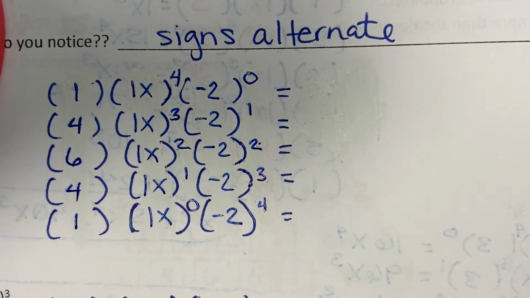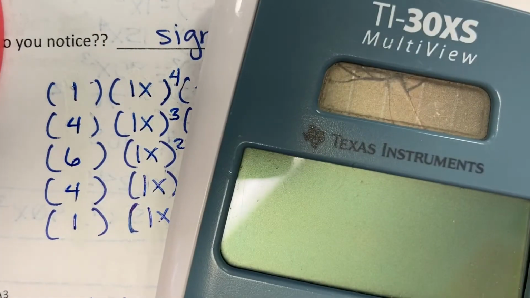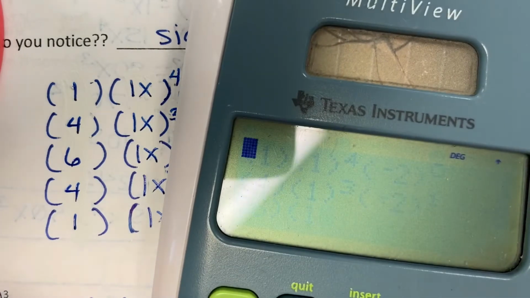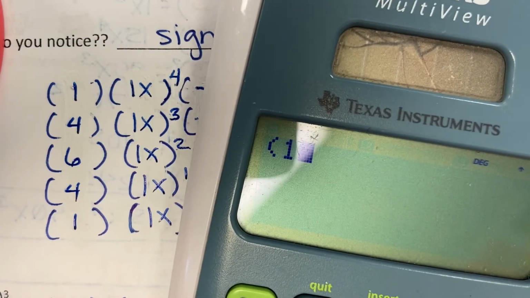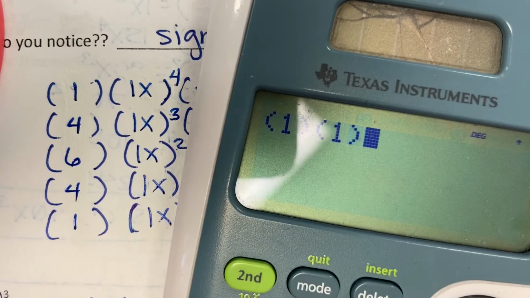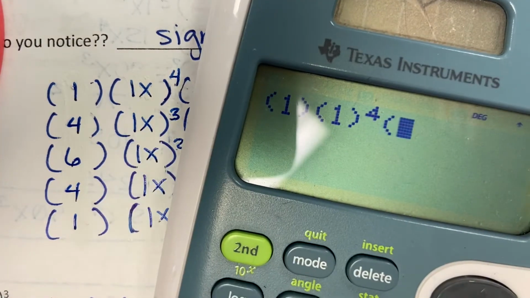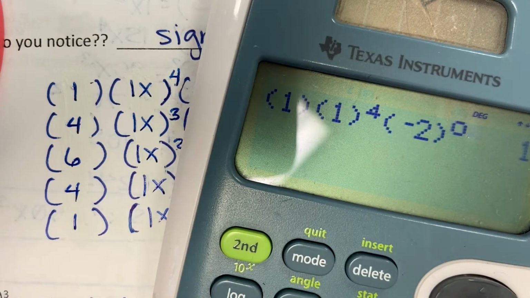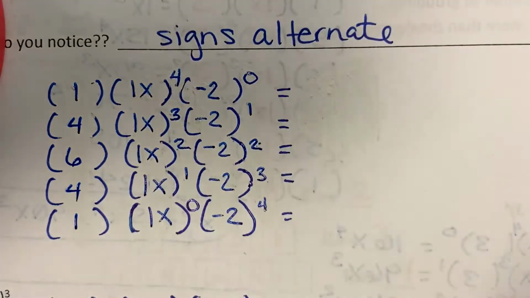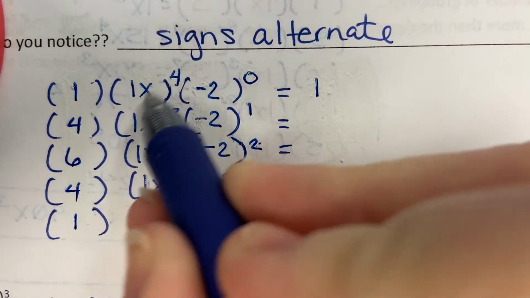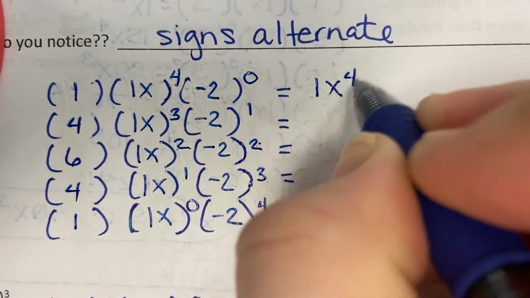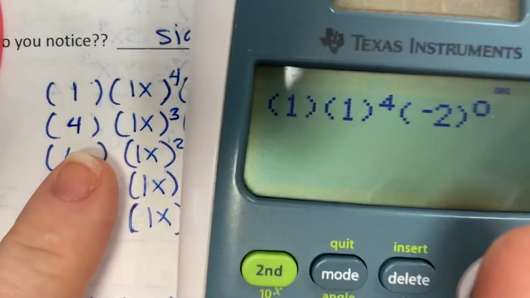All right, so we're going to use our calculator, and I'm going to have 1 in parentheses, 1 to the 4th power, and then negative 2 to the 0. And I got 1. So that's 1 and then x to the 4. Then I'm going to do it with a second set.